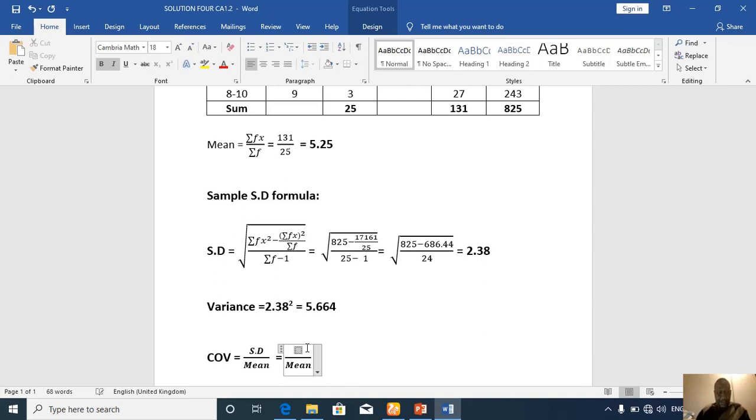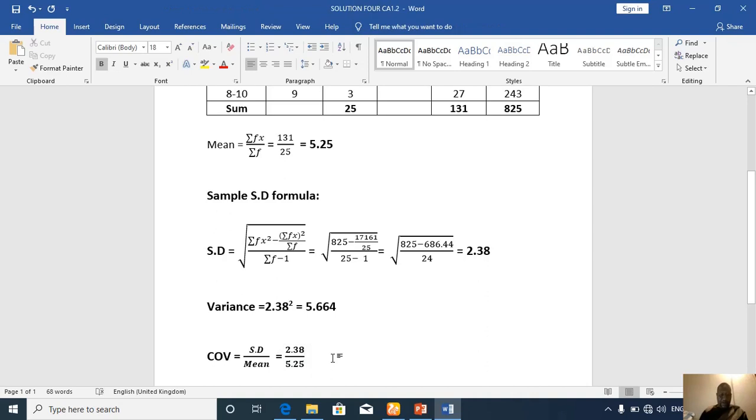Our standard deviation is 2.38, divided by our mean for this distribution. The mean for this distribution is 5.25.